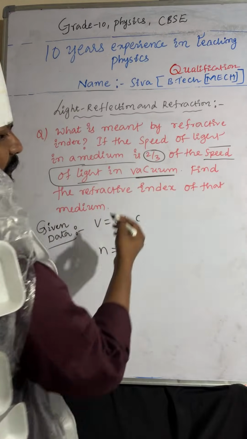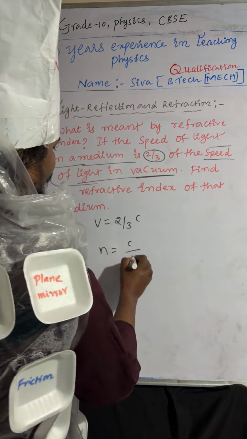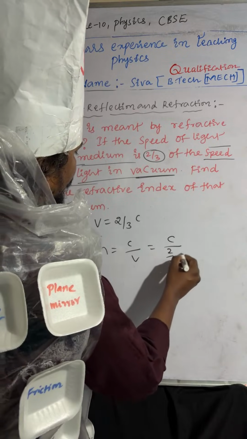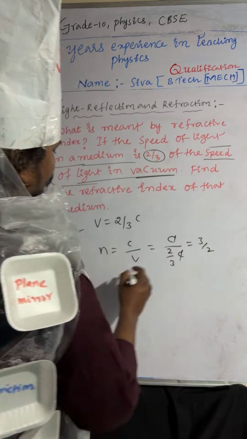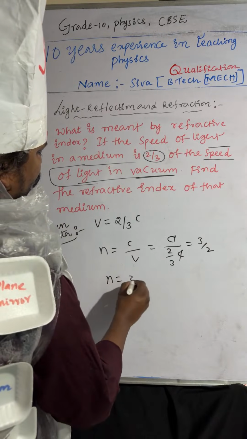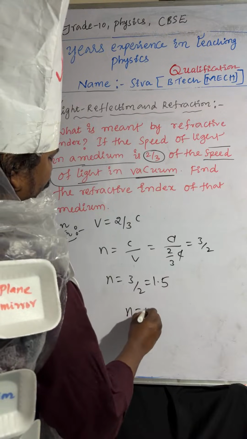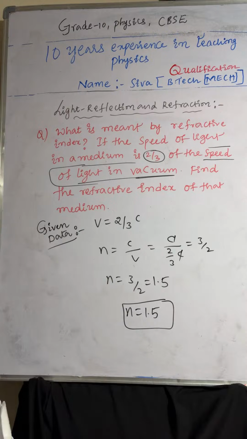So that's why we take n equal to C by V. C by V equals C divided by 2 by 3 into C. C gets cancelled, and you get the reverse of 2 by 3. So n equal to 3 by 2, that is nothing but 1.5. So n equal to 1.5 is the refractive index value.